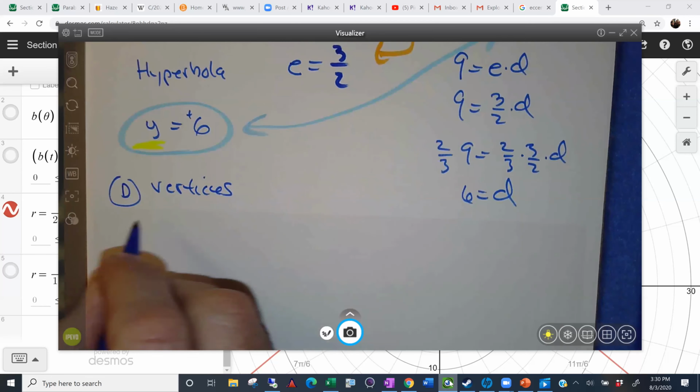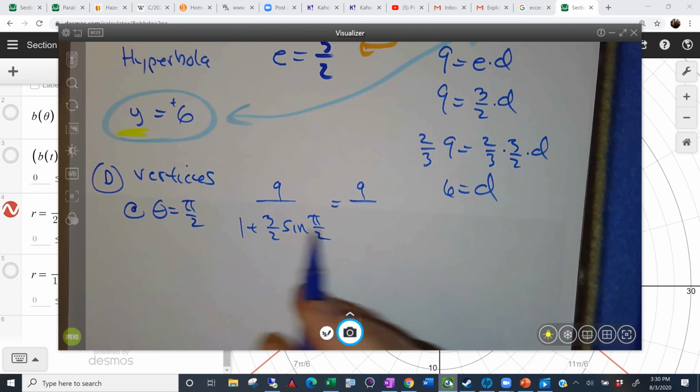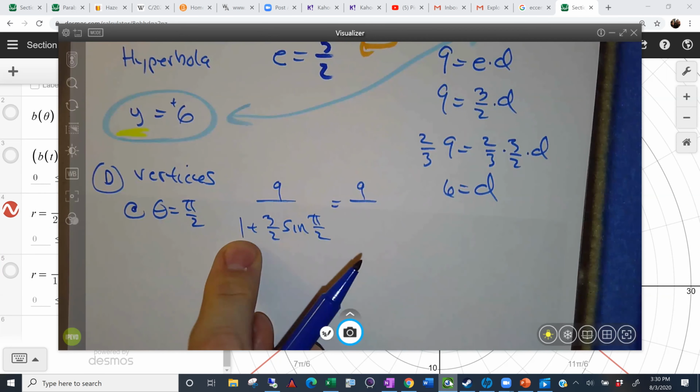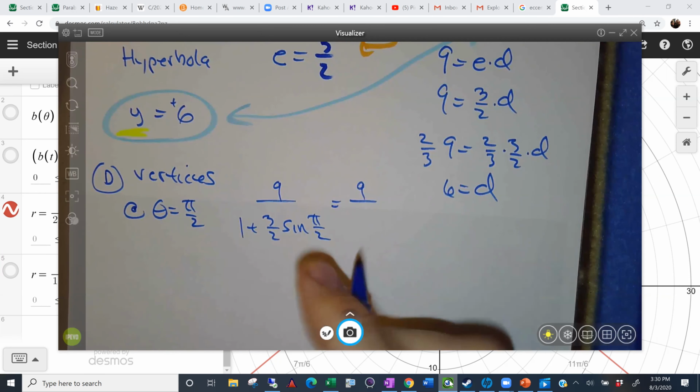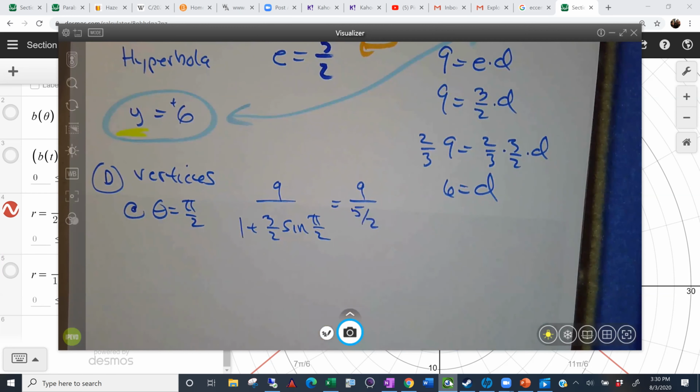What's the sine of pi over 2? 1. So this is really 2/2 plus 3/2. Basically, it's going to be 5/2. So you're going to get 18 over 5, which is about 3.6. So there'll be one extreme.